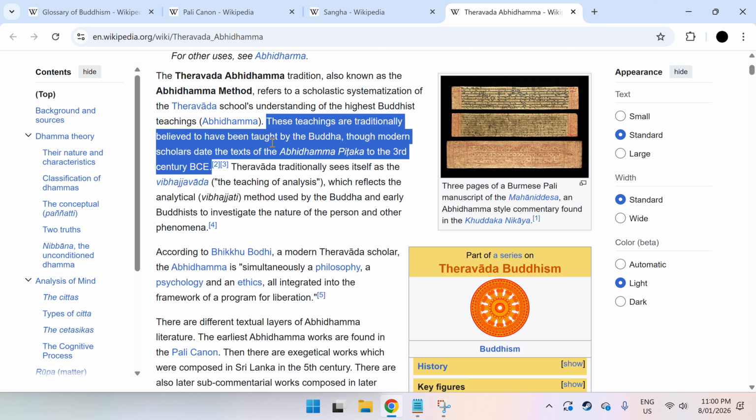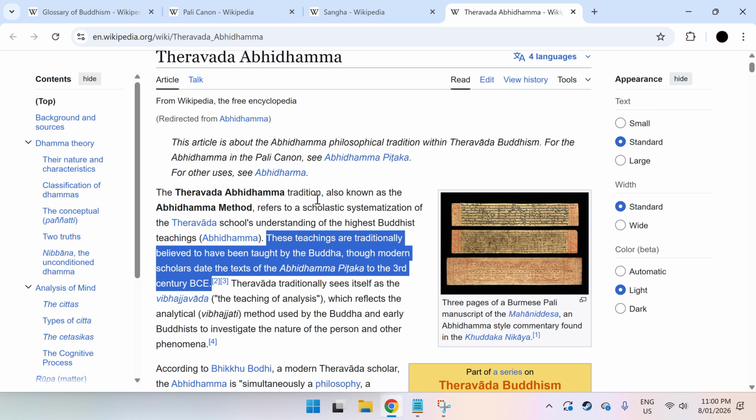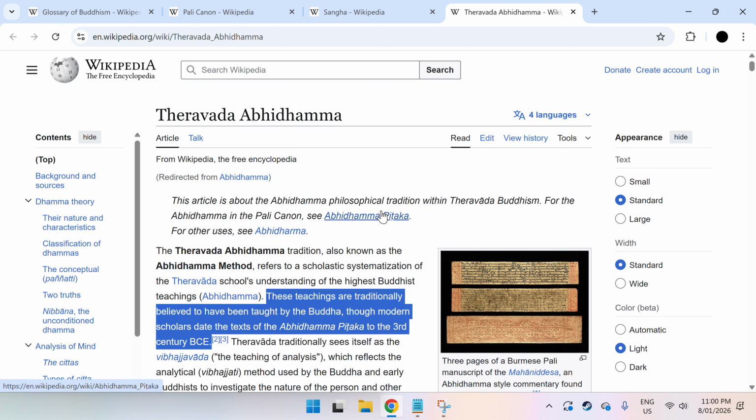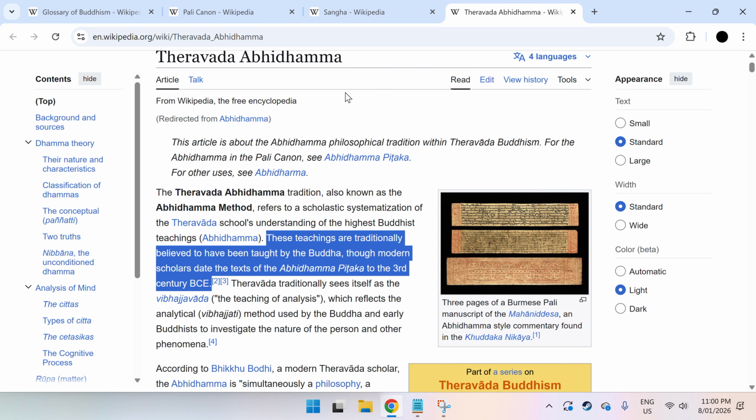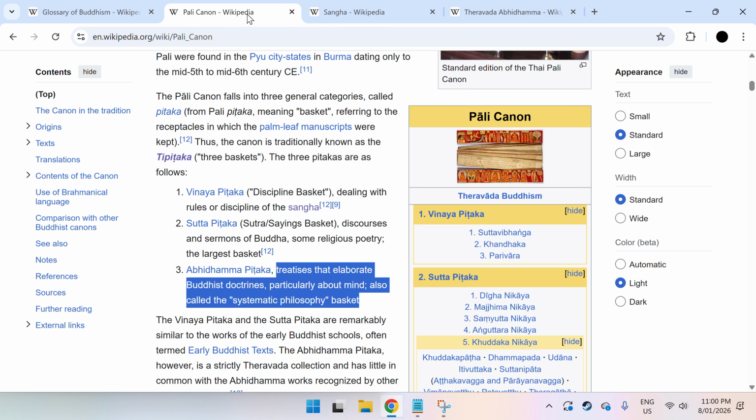Okay, that doesn't mean the stuff here was written by the Buddha. So the Abhidhamma Pitaka is the third basket of the Pali Canon, and it's to do with treatises that elaborate Buddhist doctrines, particularly about mind.